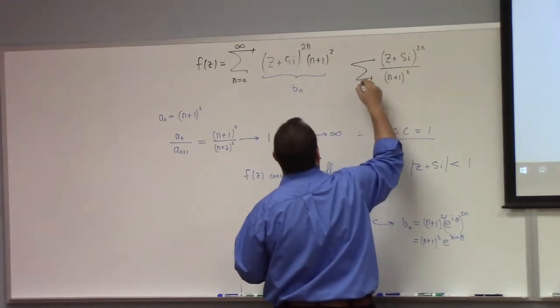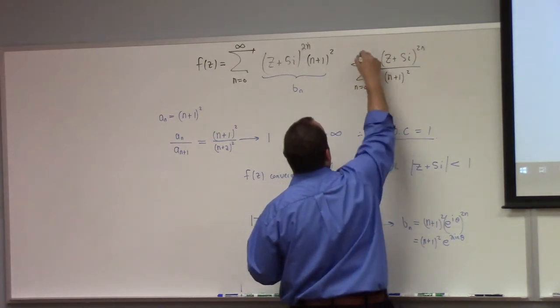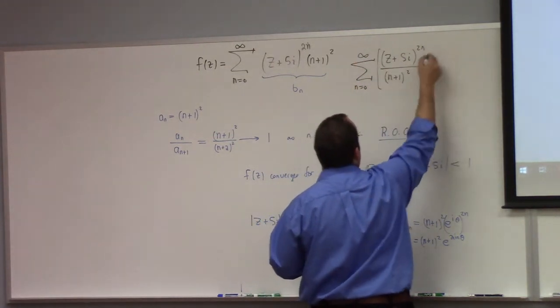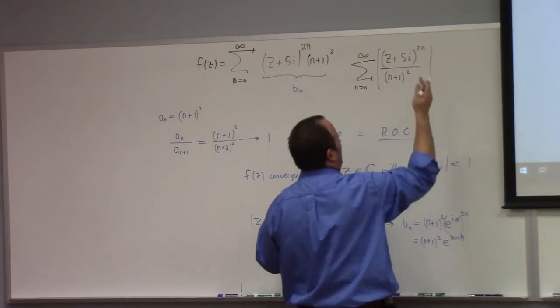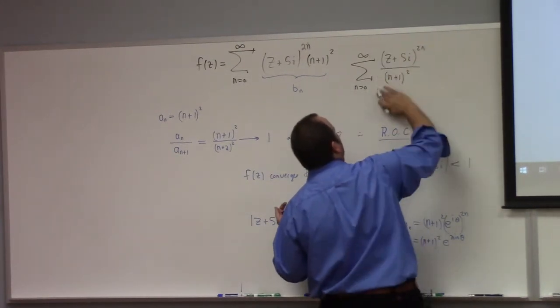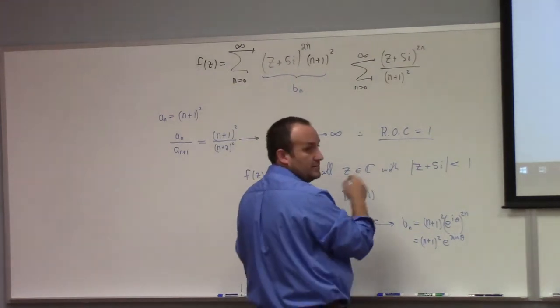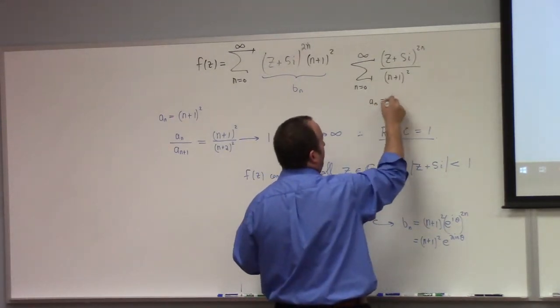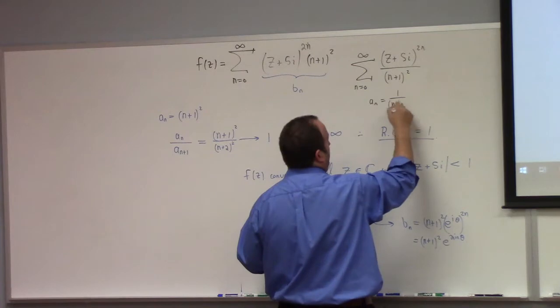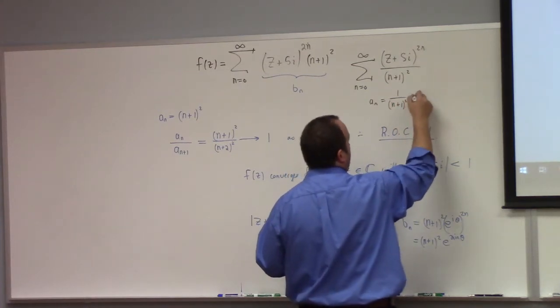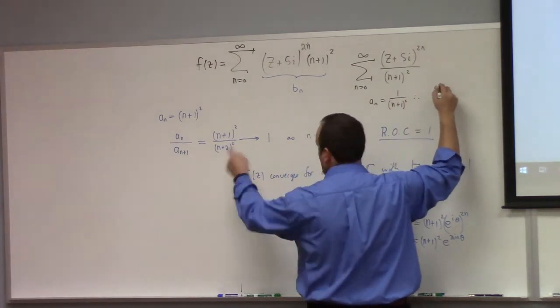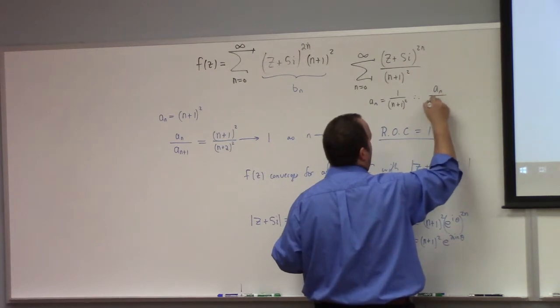This problem is very similar looking. So the funny thing is, when you look at a sub n over a sub n plus 1, what do you get?